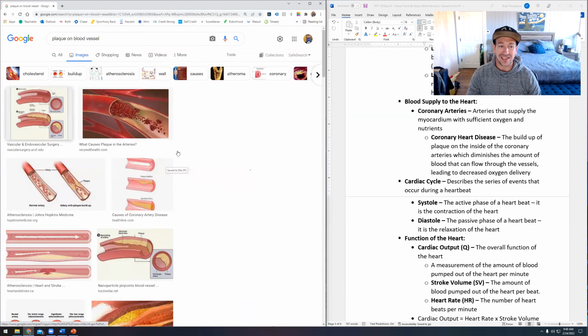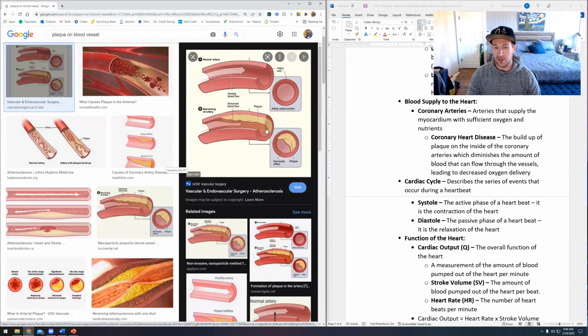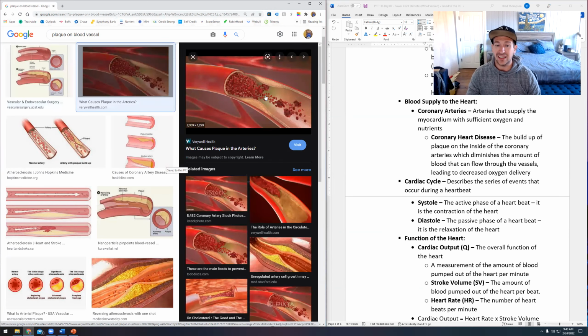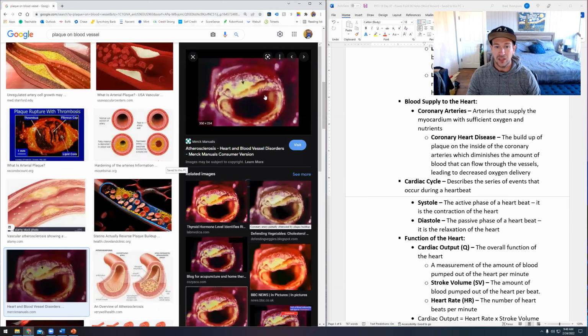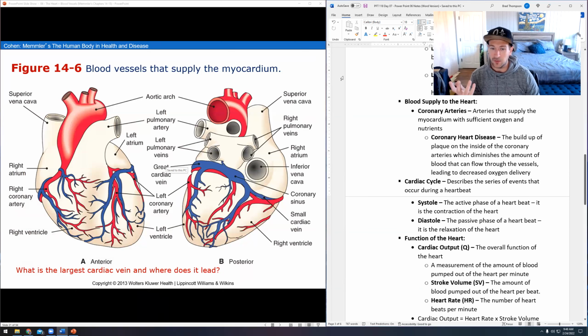And so then plaque just starts building up on those blood vessels. It's going to limit blood flow. And if we limit blood flow to the heart itself, well, now this is the thing that's responsible for pumping blood to everything else. So if this pump cannot pump blood effectively because it's not getting enough oxygen, well, that is what we literally call a heart attack.